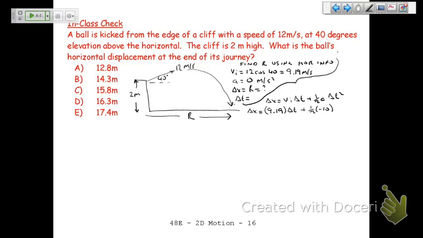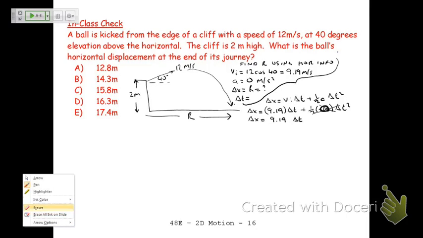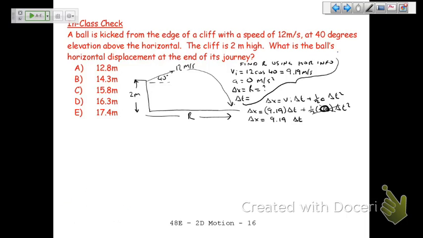Sorry, I'm doing horizontal, aren't I? 1/2 times 0 times delta T squared. Oh, that goes away. So delta X is equal to 9.19 times delta T. If only I knew delta T. So yeah, change your color of pen. Let's do something blue.